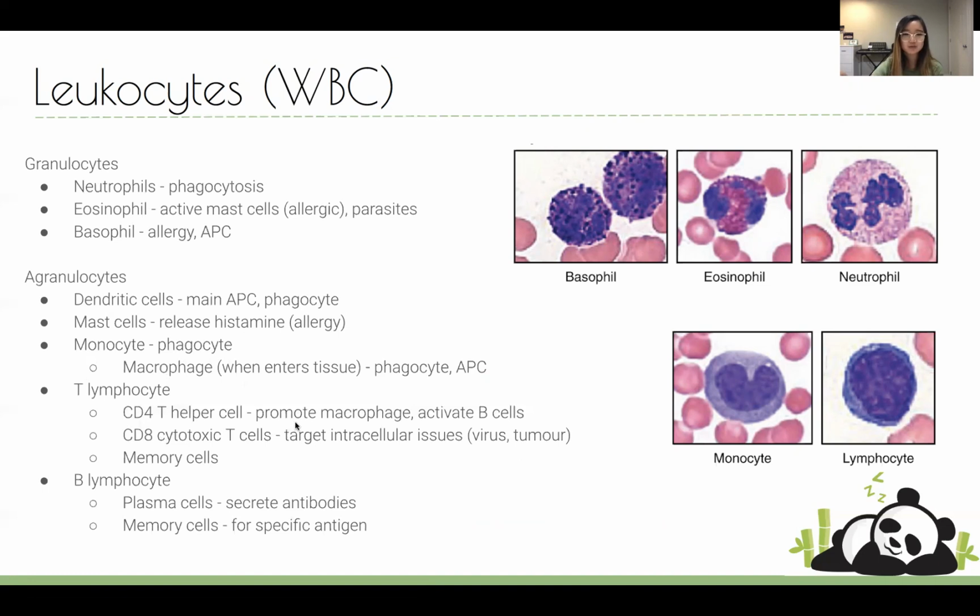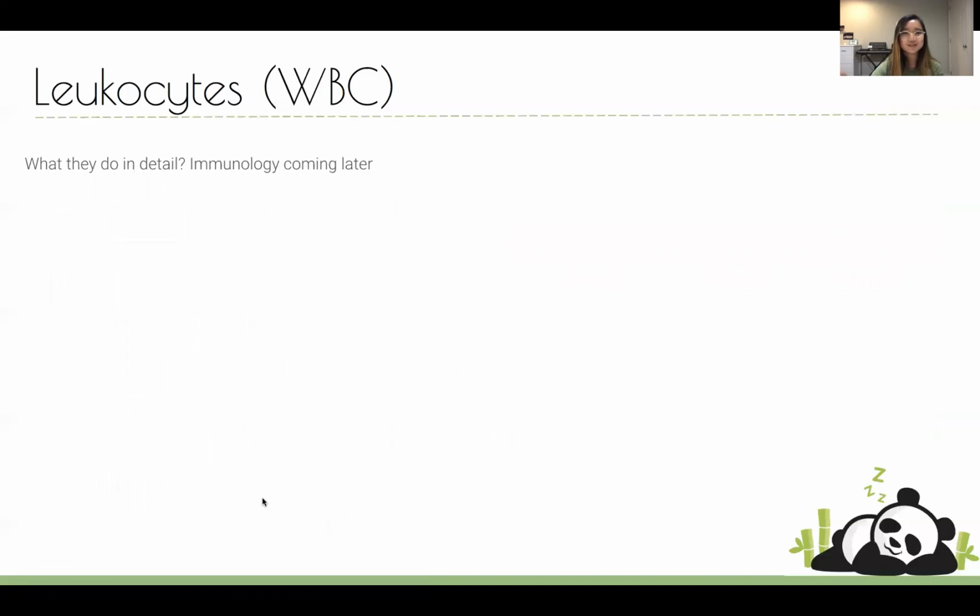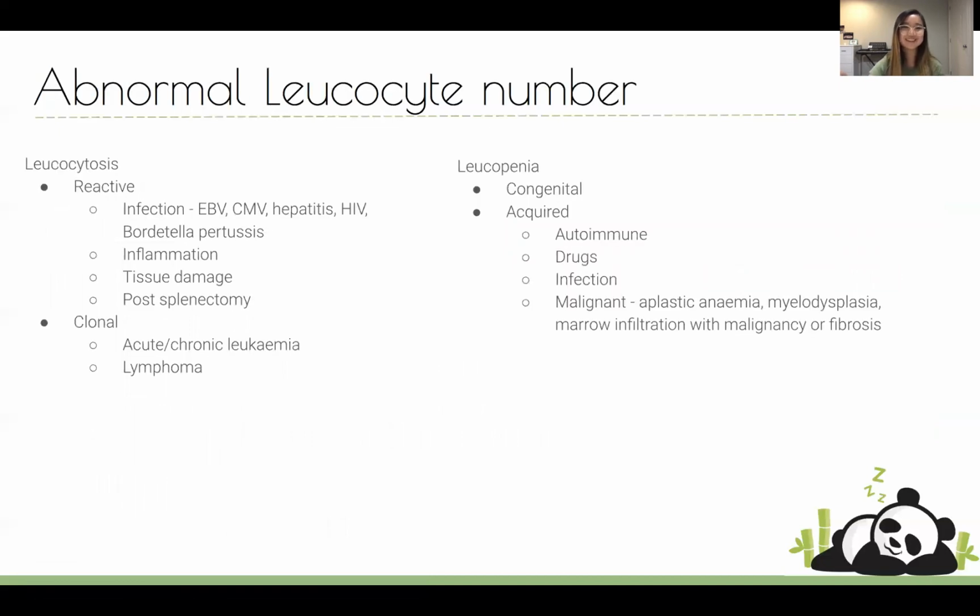CD4 T cells promote macrophages and activate B cells. CD8 or cytotoxic T cells target intracellular issues, so viruses and tumors. B lymphocytes can be plasma cells or memory cells. Plasma cells will secrete antibodies in adaptive immunity, and memory cells will essentially, with T lymphocytes, attack things that have attacked you before. We'll cover what they do in detail later.